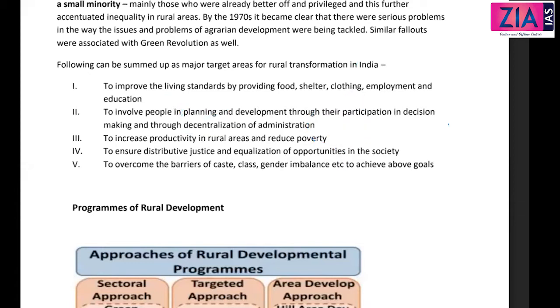So this was the first attempt, the community development program, for democratic decentralization, to increase productivity in rural areas and reduce poverty. Guys, when I talk about land reforms, one of the main objectives of land reform is to improve productivity. Generally when you see land reform, you will see it as a social justice part, right?